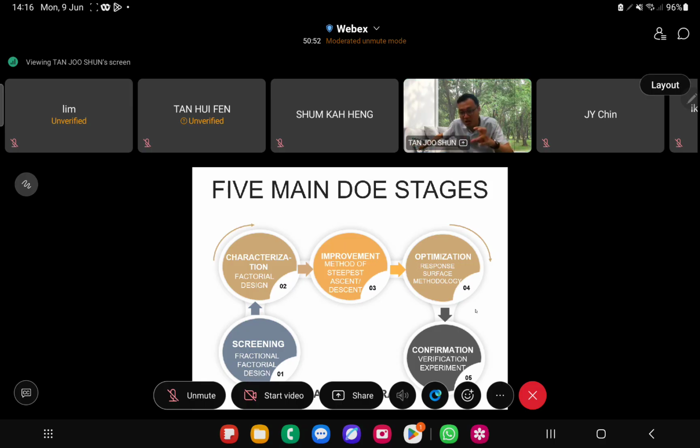After you do the optimization, you need to do verification. Because in optimization, after you run the experiments, you key in the data and the software will do a prediction.